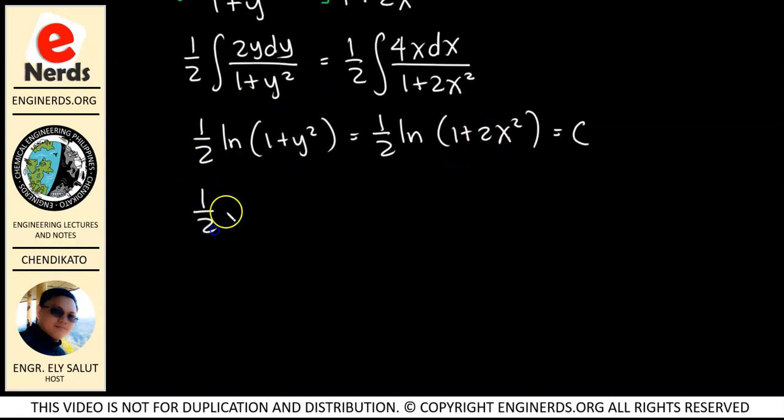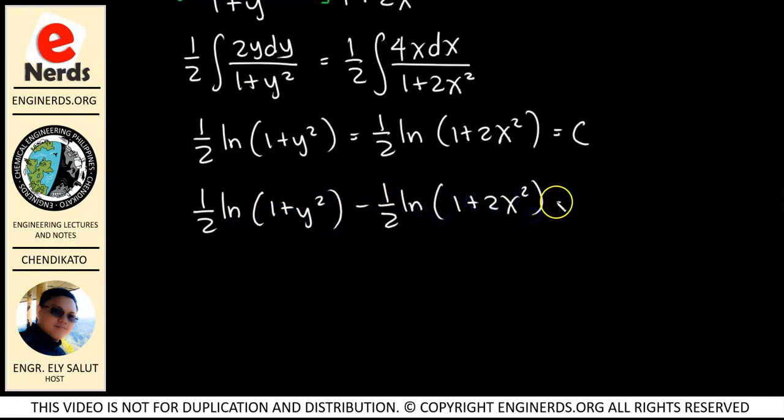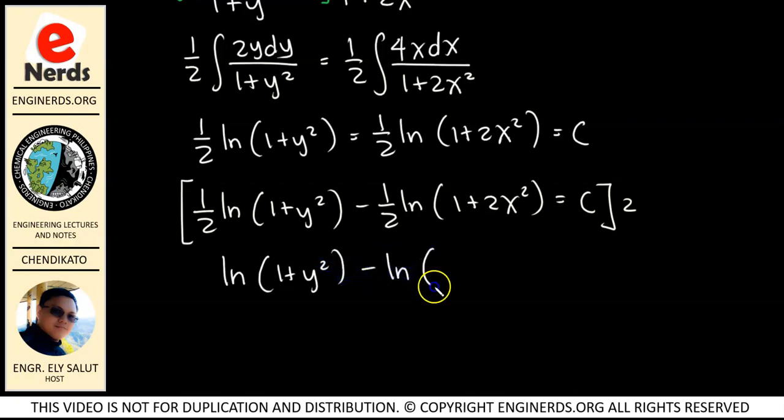So I will have 1/2 ln 1 plus y squared minus 1/2 ln 1 plus 2x squared is equal to c. Alright, so the easiest way to solve this is to multiply itong buong equation natin by 2 para ma-eliminate natin yung ating denominator na 2. Okay, so I will have ln 1 plus y squared minus ln 1 plus 2x squared is equal to c1.